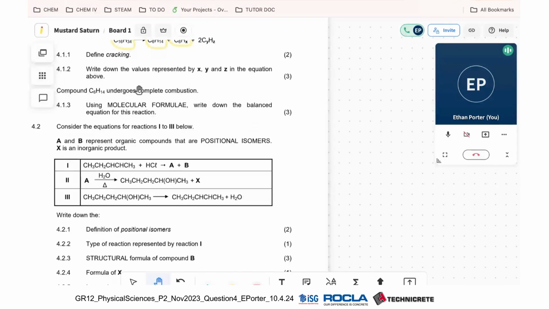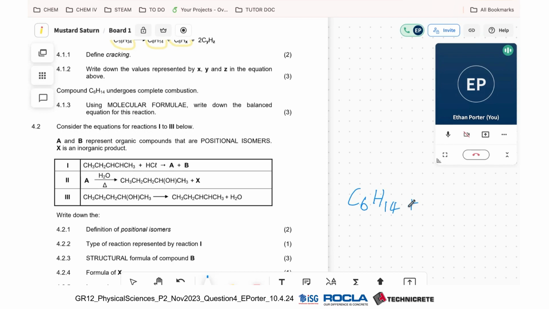Compound C6H14 undergoes complete combustion. Write a formula to show this, a balanced equation. Complete combustion means that the entire molecule is broken down into carbon dioxide and water. If it was incomplete combustion, we might have other alkanes or alkenes in the products, and we might have carbon monoxide, not carbon dioxide.